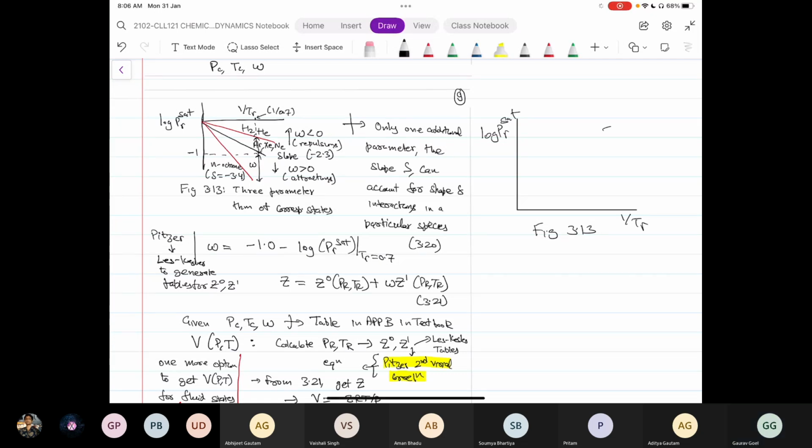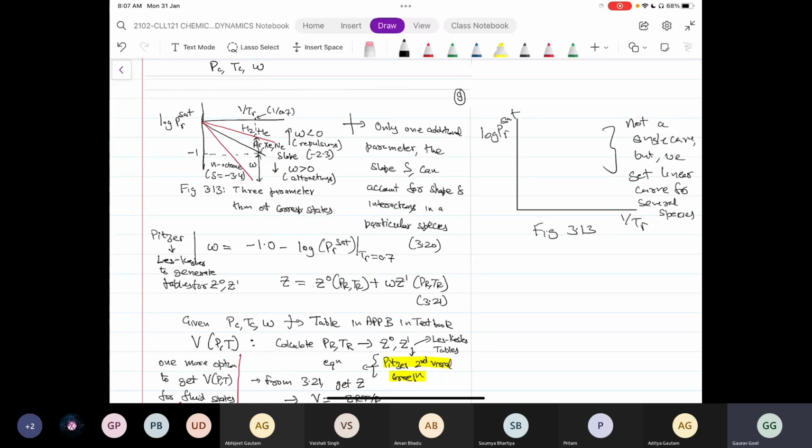However, we did not get a single curve, but we get a linear curve for several species. Okay, I will not say all. Those restrictions I've already discussed.